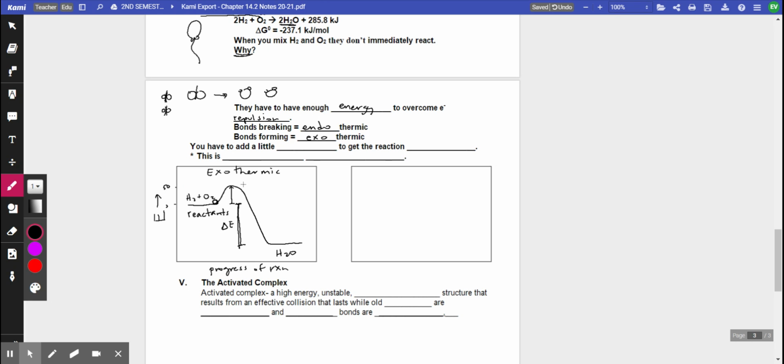If you put in 50, then you get 50 back. Okay, and the real change is from here down to here. All right, so you have to add a little energy to get the reaction started. This is activation energy.